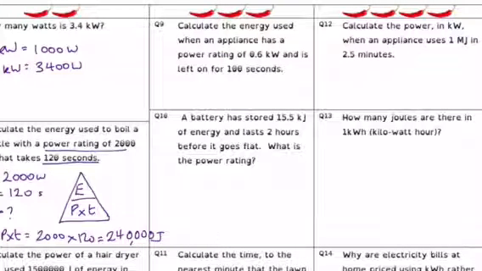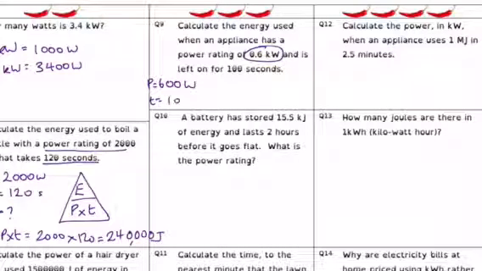For question 9, calculate the energy used when an appliance has a power rating of 0.6 kilowatts and is left on for 100 seconds. So the first thing to notice is our unit, 0.6 kilowatts. So 1 kilowatt is 1,000 watts, so we've got less than that. So 0.6 kilowatts is 600 watts. So that's our power.